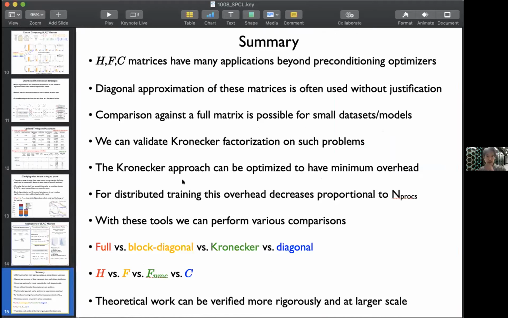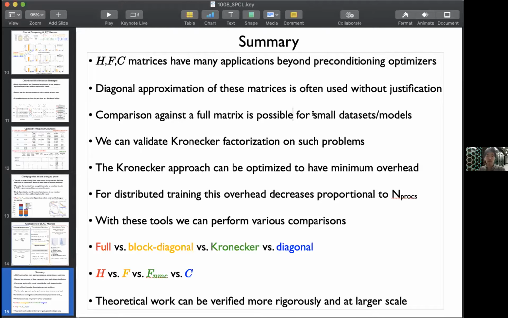Okay, so in summary, I've described that these things have many applications beyond preconditioning that we were originally doing. It's not just an optimizer that we're trying to find. Also, diagonal approximation of these matrices is often used without justification. Many studies just diagonalize the matrix for a reason that's coming from computational limitations and not because of justification from an accuracy point. Also, comparison against the full matrix is now possible for smaller data sets.